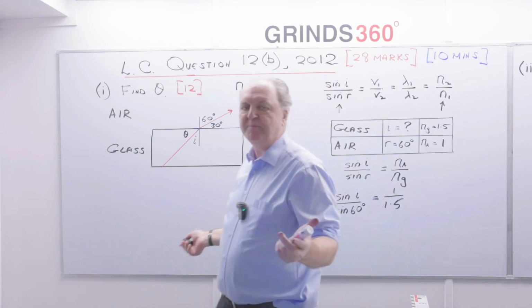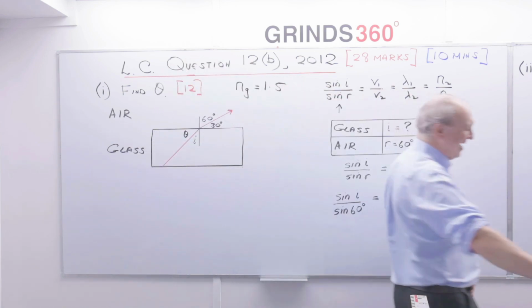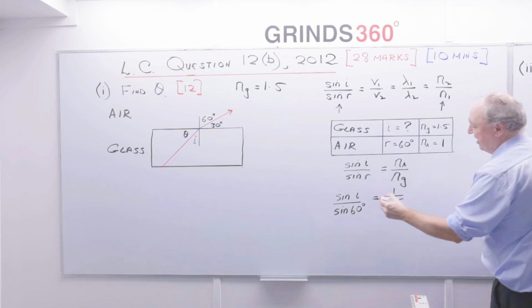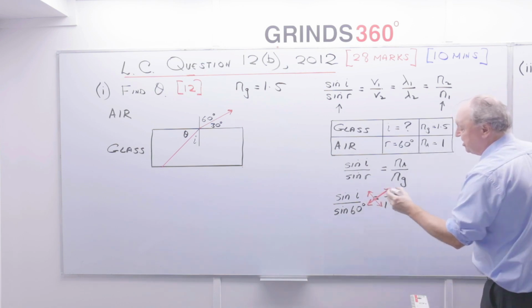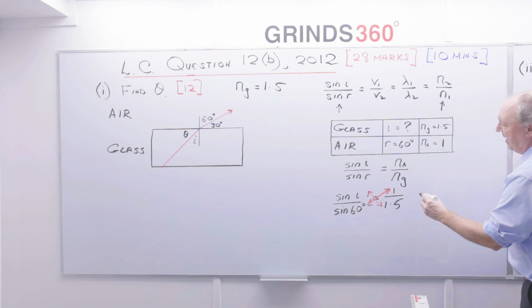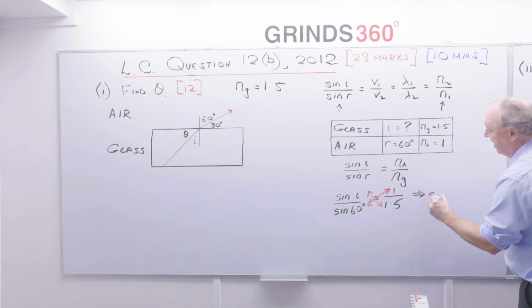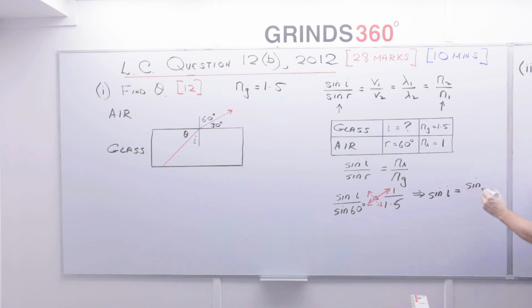So I just now have to do some simple maths and solve that for I. You can do it by cross multiplying in your head. So visualize these arrows in your head. Slide the objects along those arrows. So I'm looking to get sine I on its own. That implies sine I is equal to, slide the sine 60 up, sine 60 divided by 1.5.